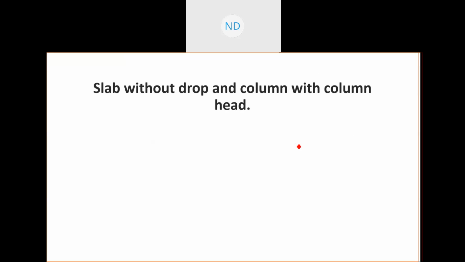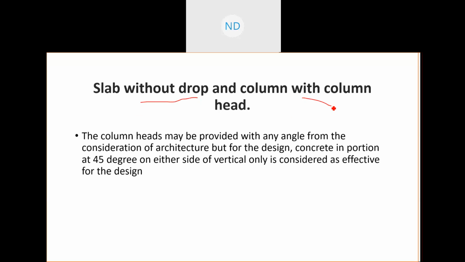Next, if we see the slab without drop and column with column heads, that means these are the flat slabs only with column head. There is no drop, as we already have talked about this. The column heads may be provided at any angle from the consideration of architecture, but for the design, the concrete portion at 45 degrees on either side of the vertical only is considered effective for the design.